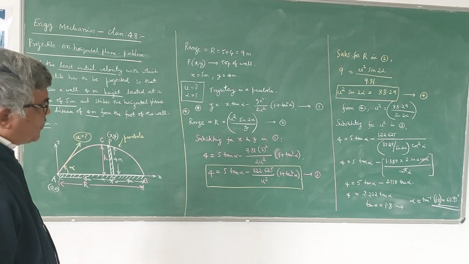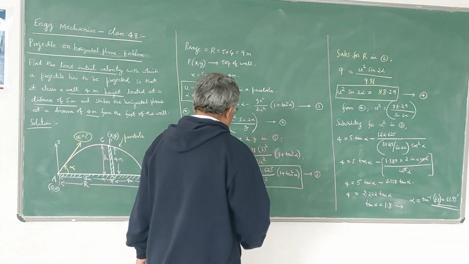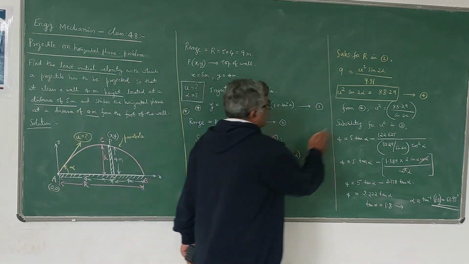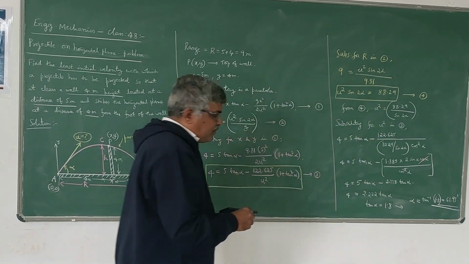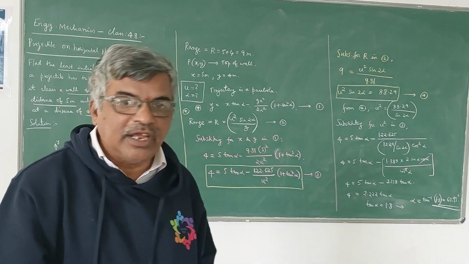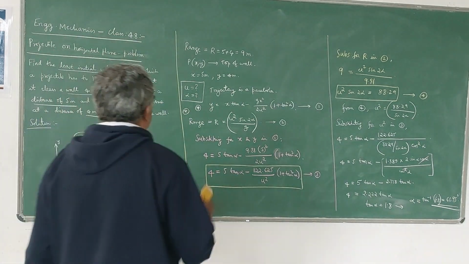Once you get alpha, by substituting in either of these equations, it is better to substitute in this one. You can get the value of the least velocity u with which the projectile is projected.